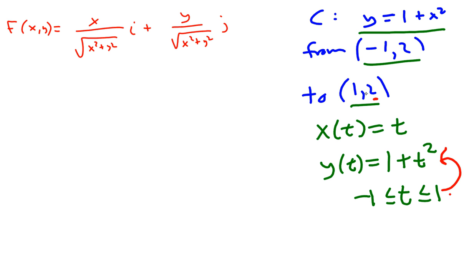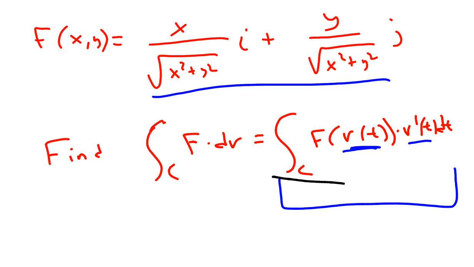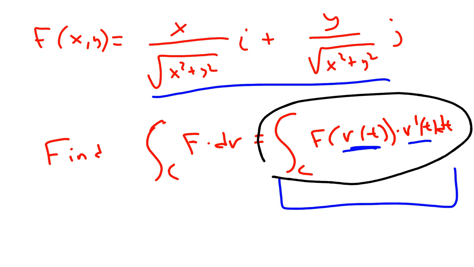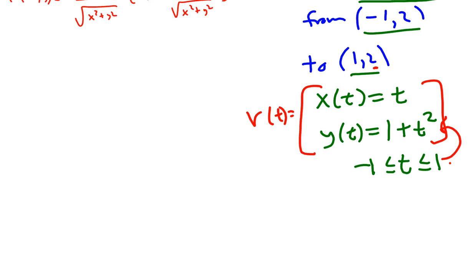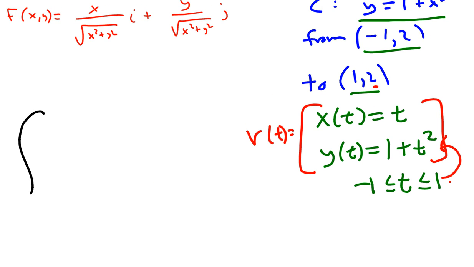Okay, so now we have our expression here. This is usually referred to as r of t. And let's go ahead and start to evaluate this line integral. So we know we're going to use this format, right? We're going to take r of t, sub it into our vector field, and then do the dot product with r prime of t. So let's go do that. So our vector field is right up there above, so it's going to be integral.